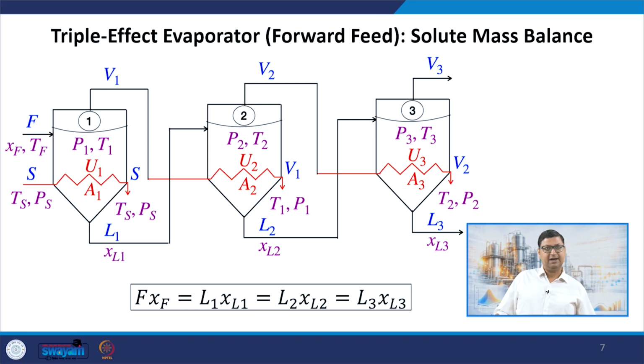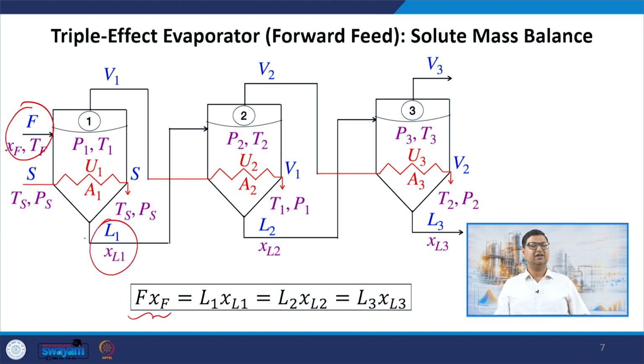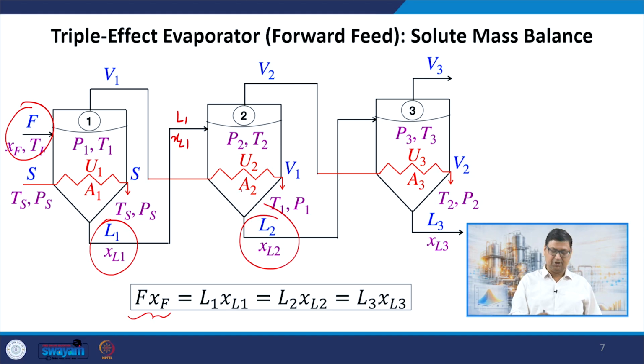I can again go ahead and do the solute mass balance. So, the amount of solute in the original feed is F into XF as we had earlier. Since there is no solute in the vapor, all of it goes in the liquid phase. So, from the first effect we will get L1 into XL1 of the solute, and this becomes the feed to the second effect, and what comes out is L2 into XL2.